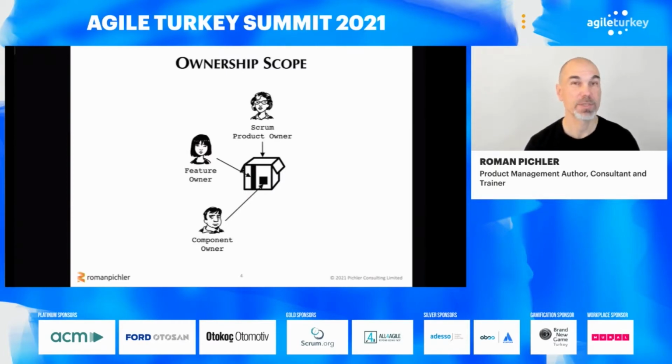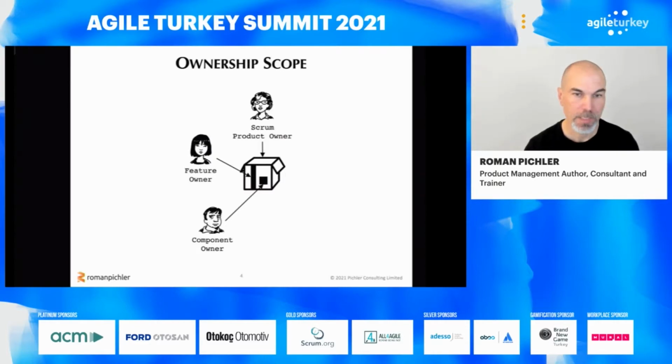And as a component owner, I probably need in-depth technical skills because the users of my component are likely to be development team members, members of other development teams. That goes to show the skills, the responsibility and the level of decision-making authority will vary depending on what you own, on your ownership scope.